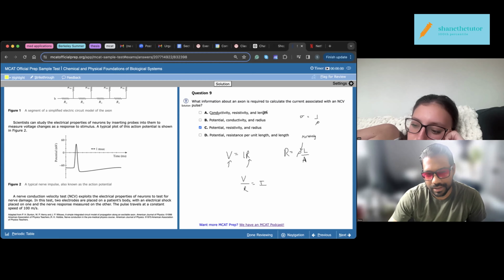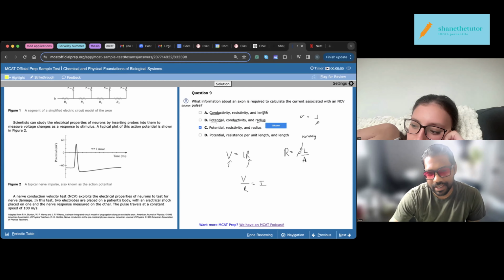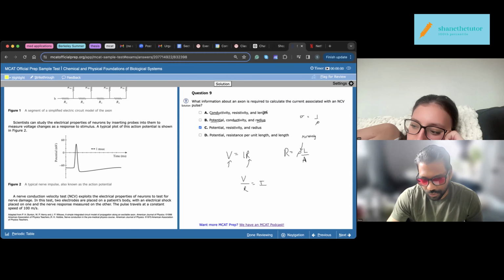So we definitely want voltage, but then they give us conductivity and radius. If we invert conductivity we get resistivity, and from radius we can get area, but we're still missing length.